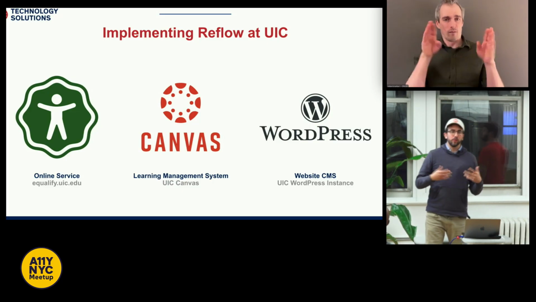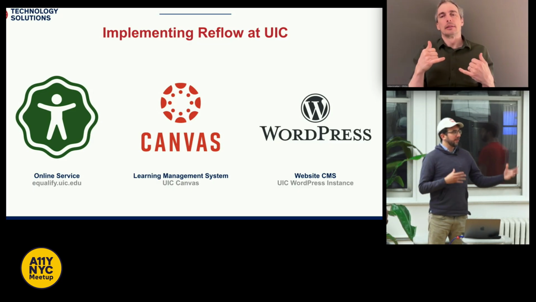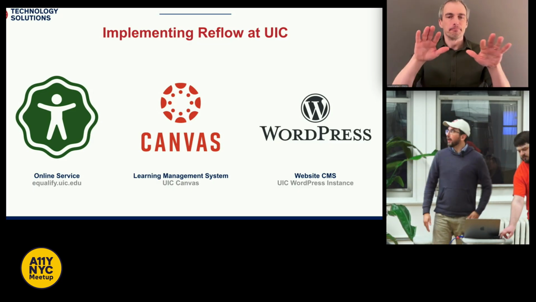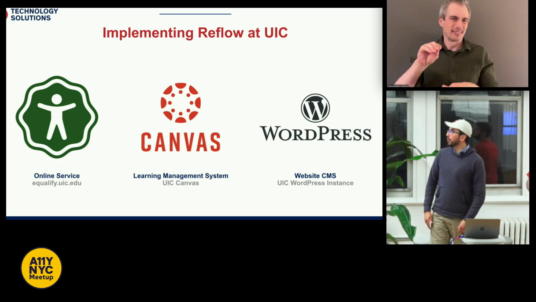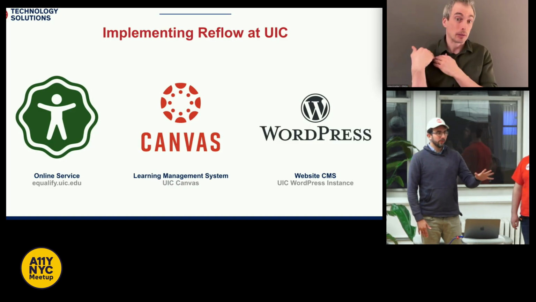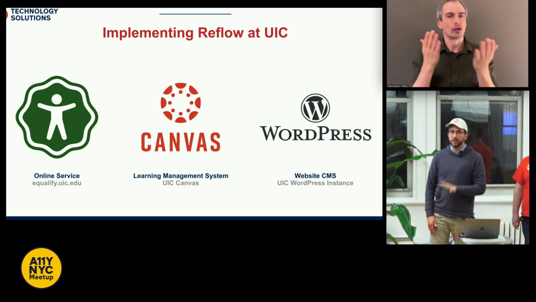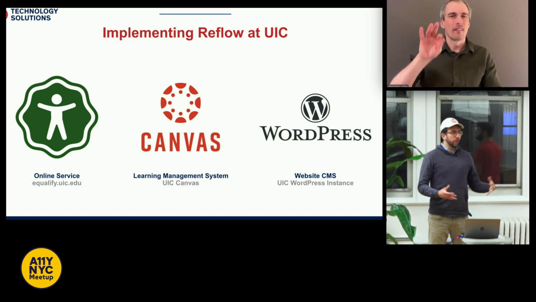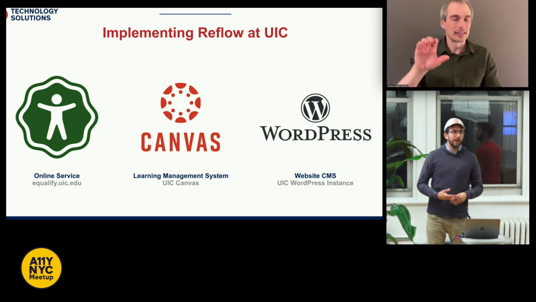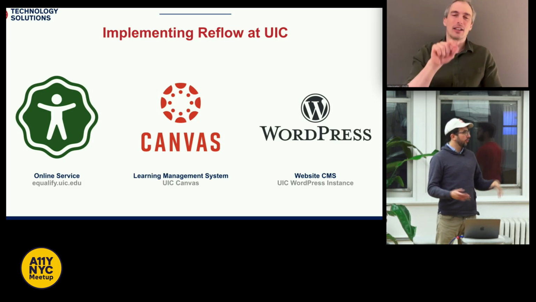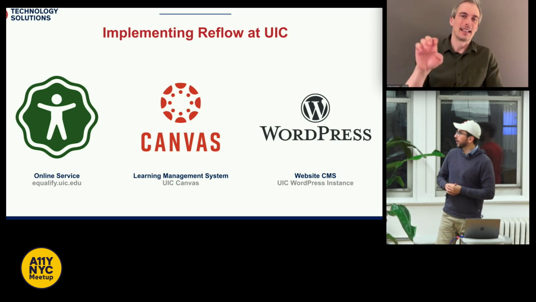in a way that is responsible, but also has lots of different applications. At UIC, we're going to have an online service where people can just go to equalify.uic.edu, and any user would be able to upload their PDF and change it into a reflowed Markdown file.